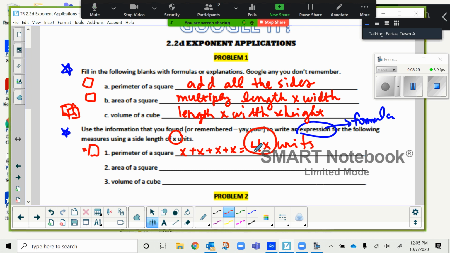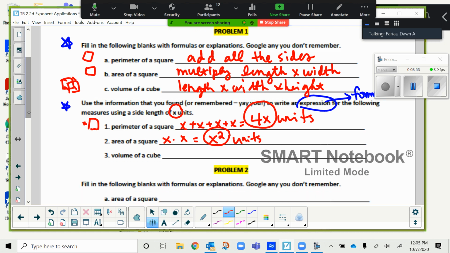For the area of a square with the side of x, it would be length times width, x times x, or x squared units, whatever your units happen to be. And then for volume of a cube, if it's length times width times height, and each of those measurements are x, because they're all the same measure, it would be x cubed.